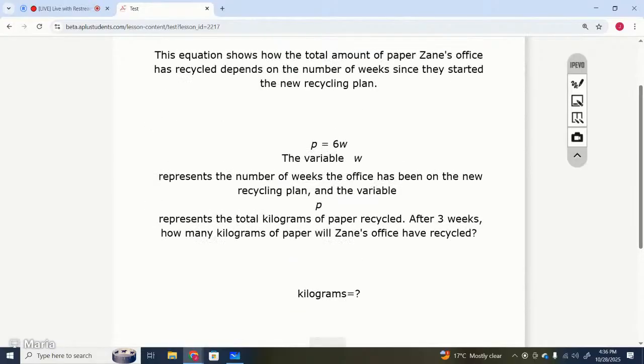The equation shows how the total amount of paper an office has recycled depends on the number of weeks since they started the new recycling plan. P equals 6W.